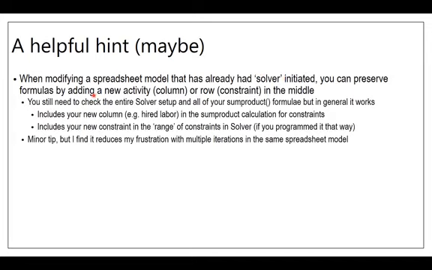You can try to preserve the formulas by adding a new activity or row somewhere in the middle of the ranges. And I'll tell you what I mean by that. You still need to check everything and make sure nothing's messed up, nothing changed before you just run it. But I get frustrated with this if I have to build on something, and the idea is to reduce frustration. So let's see if I can show you this tip.